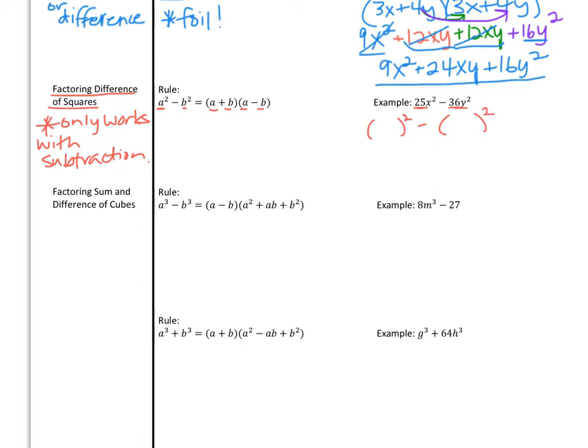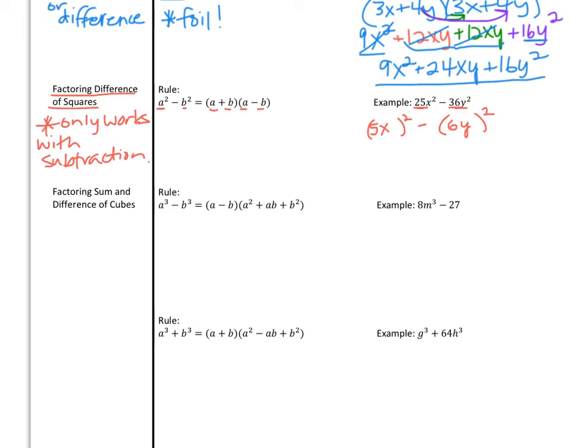What's actually being squared? In that first term, 25 would be 5 squared, and x squared would be x as a quantity being squared. So if you had 5x squared, you'd square both parts and you'd get that 25x squared. If you do the same thing for 36y squared, the square root of 36 is 6, and then y squared would be the y on the inside.